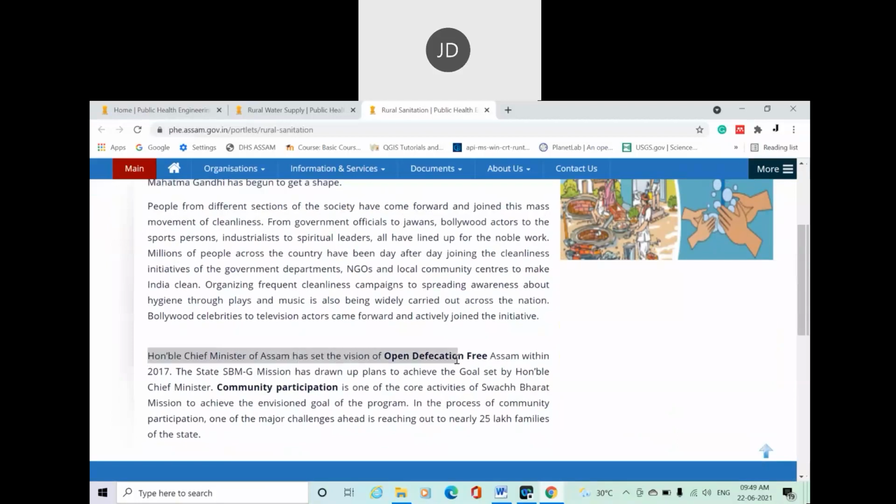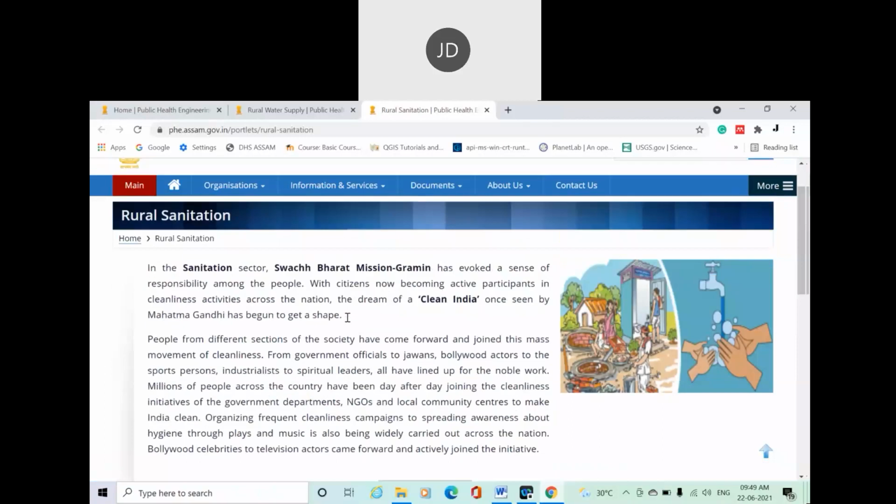Here you can see the Honorable Chief Minister of Assam has set the vision of an open defecation free Assam by 2017. It was targeted that open defecation be completely eliminated. This is the thing that I need to share with you.